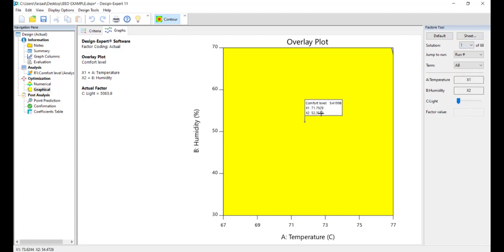You can see here the factors change and the comfort level changes too. The comfort level is always trying to be maximum because that is our goal, so there is not much difference between the comfort level and the maximum.